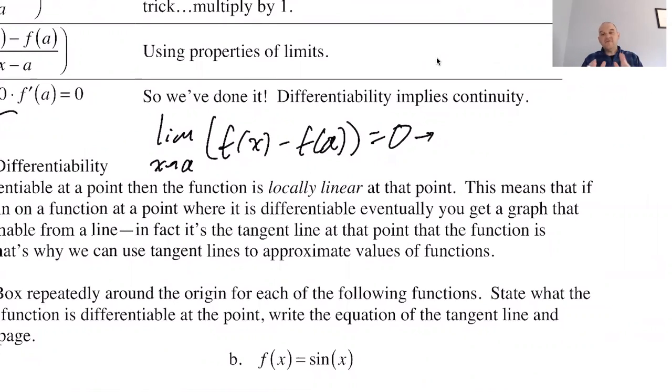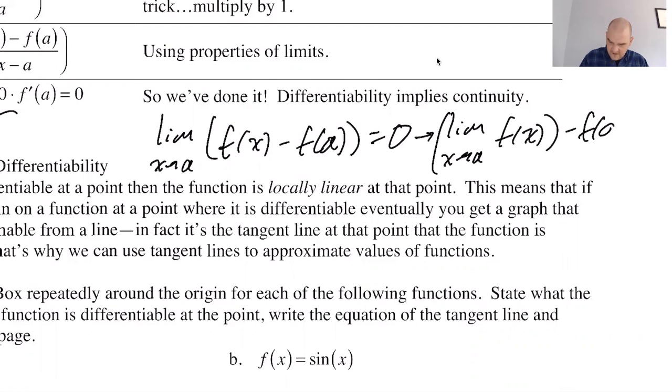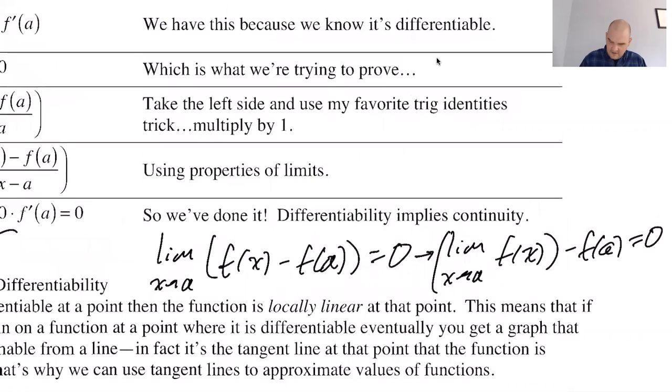Well, f of a is a number, so the limit as x approaches a of f of a is just f of a. So this is really the limit as x approaches a of f of x, minus f of a equals 0. But then you can move f of a to the other side.